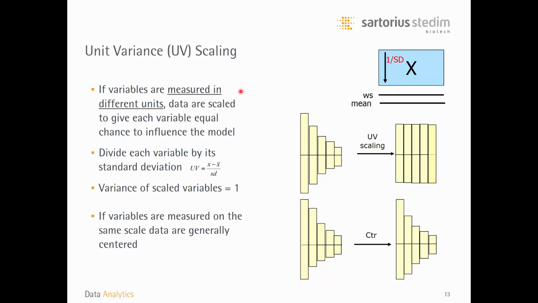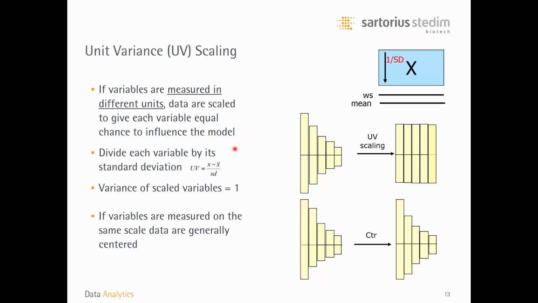They are generated by different underlying generating mechanisms, often resulting in large spread in the numerical ranges. So if variables are measured in different units and there are large differences in as far as their numerical ranges are concerned, data are scaled to give each variable an equal chance to influence the model.